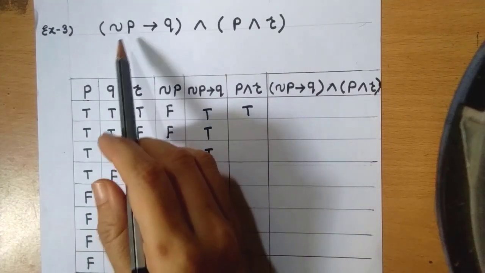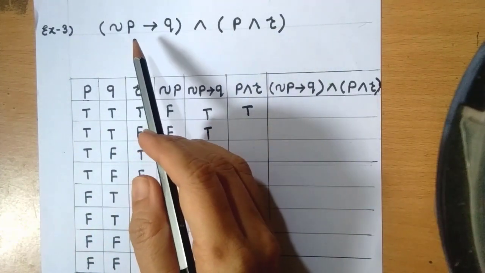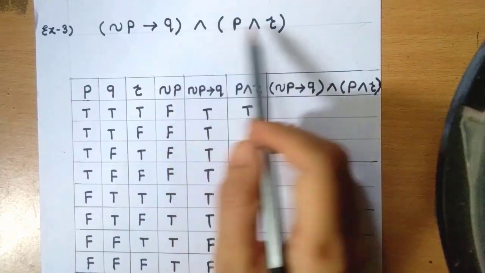Now let's see one more example, and here we can observe P, Q and R also.